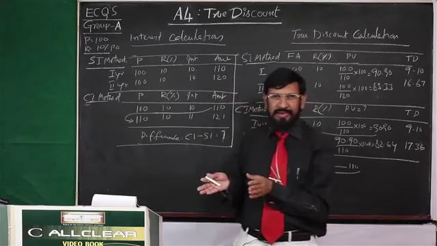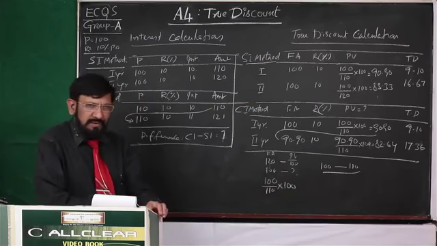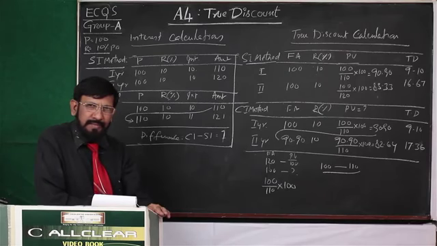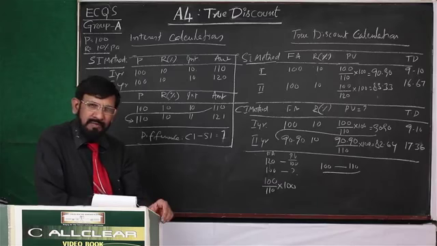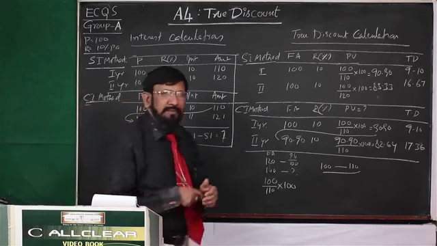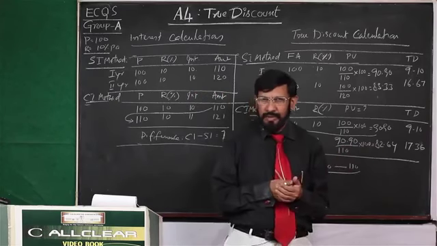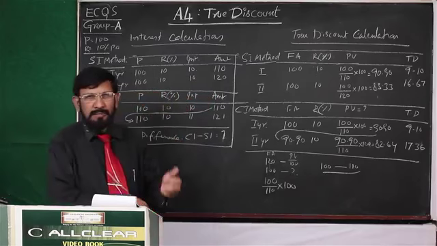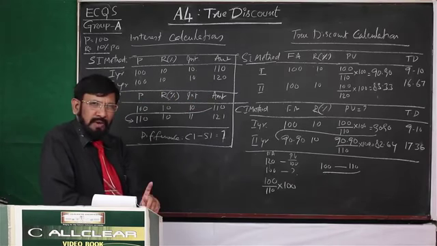Now, formula is there. Before using formula, always try to understand how the formula is created. Then it improves your aptitude, because formulas are not created by God. Formulas are created by human beings like us only. So, in order to sharpen your aptitude, enrich your aptitude, don't simply depend on formula.